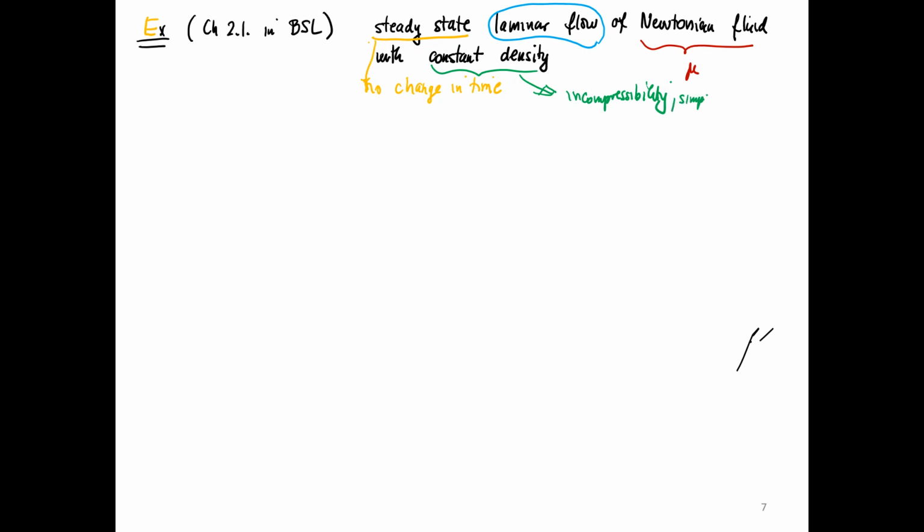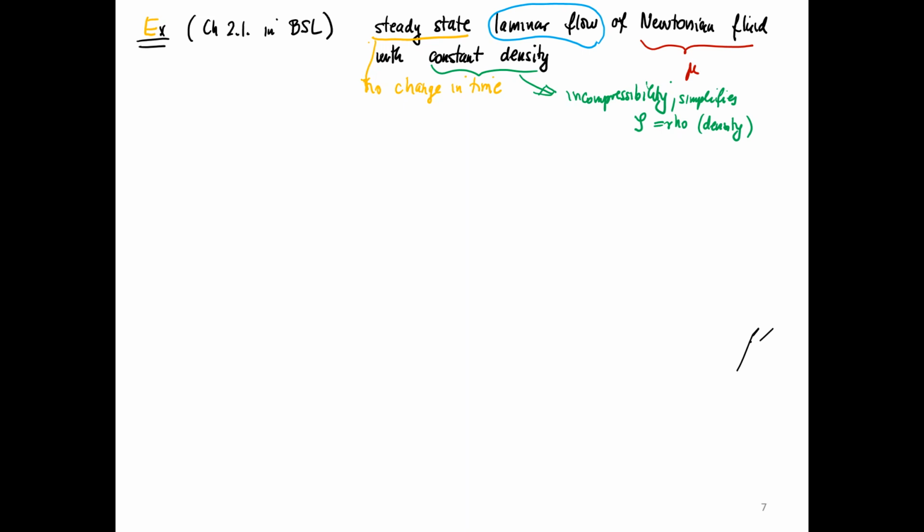Simplifies things. I have density rho. Or rather, this is how I write rho, which can confuse people.